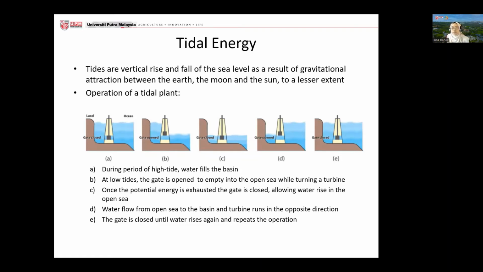So imagine you have the tidal plant here. This portion is called the basin. As the tide goes to a high tide, the water is higher, and the gate is open in the beginning.